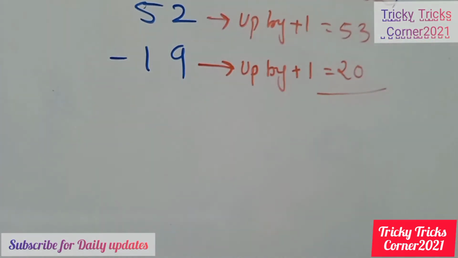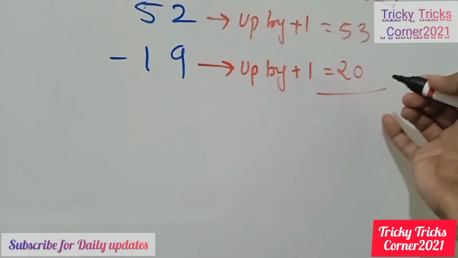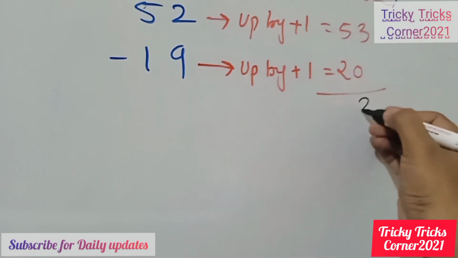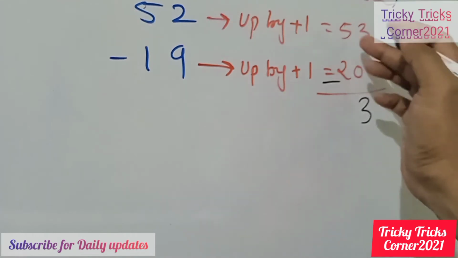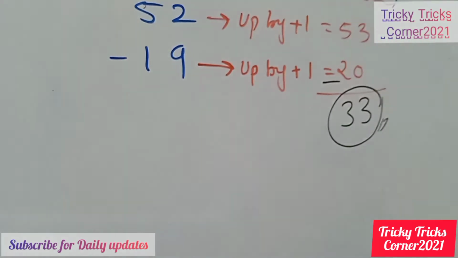Now the equation becomes 53 minus 20, which is 33. Now my answer becomes very simple.